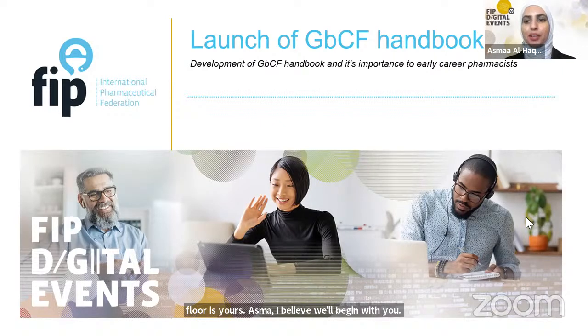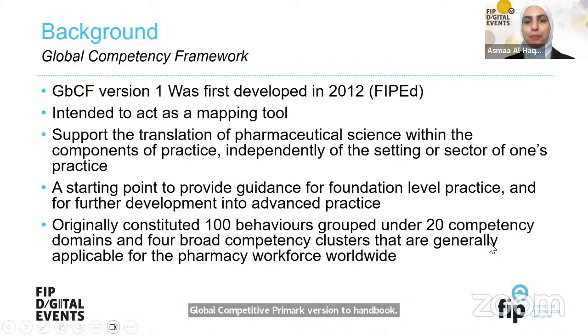Hello, everyone. I'm very excited to be with you today to introduce you to the Global Competency Framework version 2 handbook. Just a short background about the work that has been done by FIP and how the Global Competency Framework was first developed.